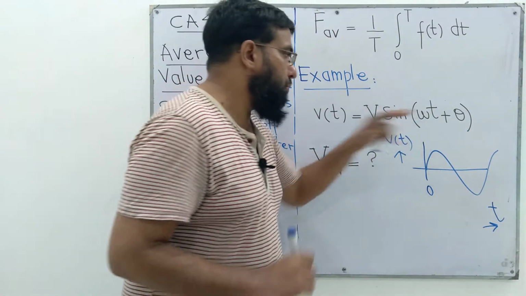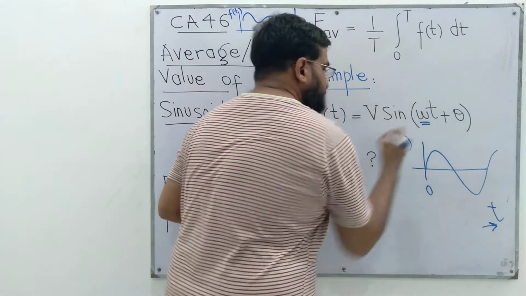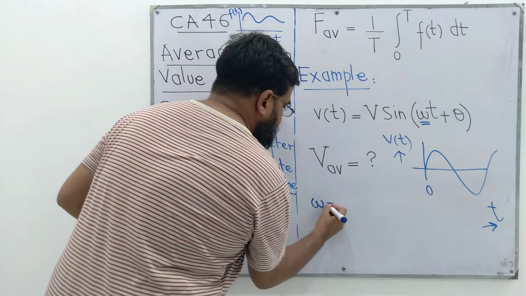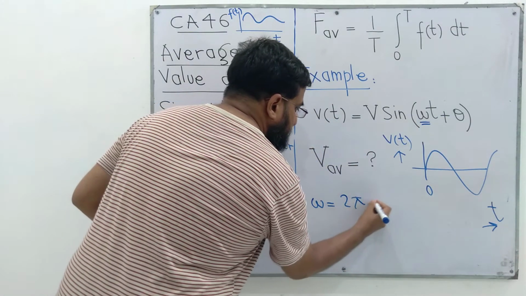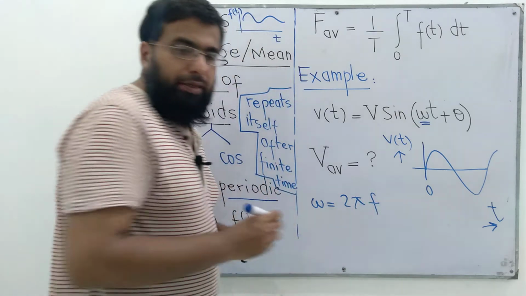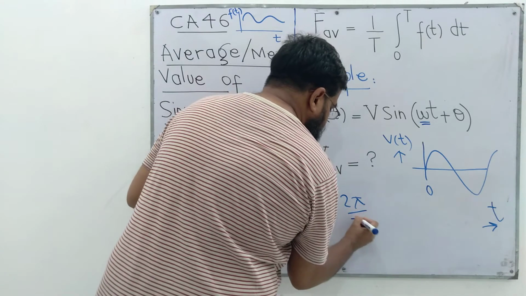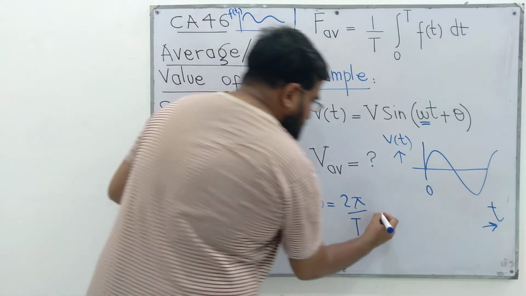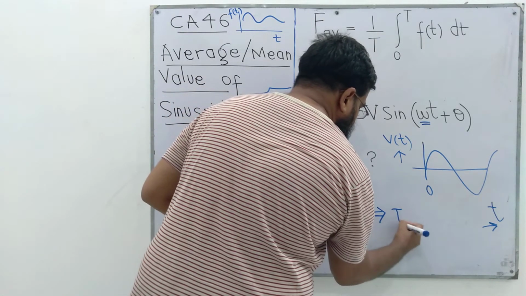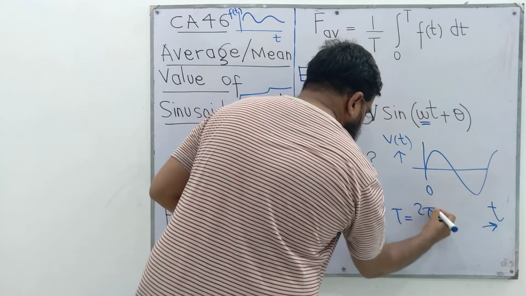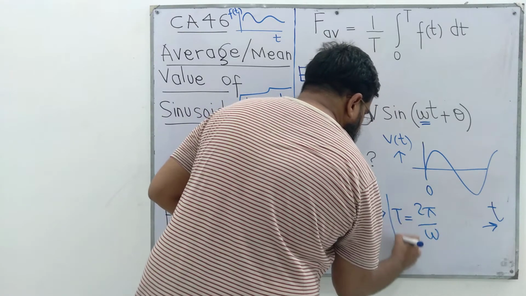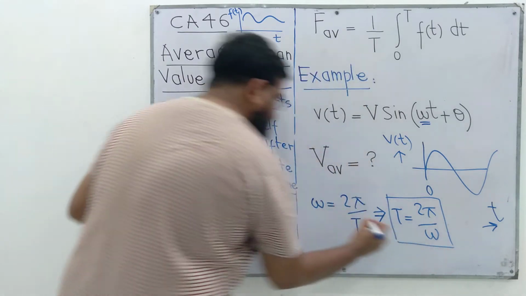We know that this omega we have already studied. It is equal to 2 pi the frequency, and we already know that frequency is 1 over T. So T, the time period, would be 2 pi over omega.